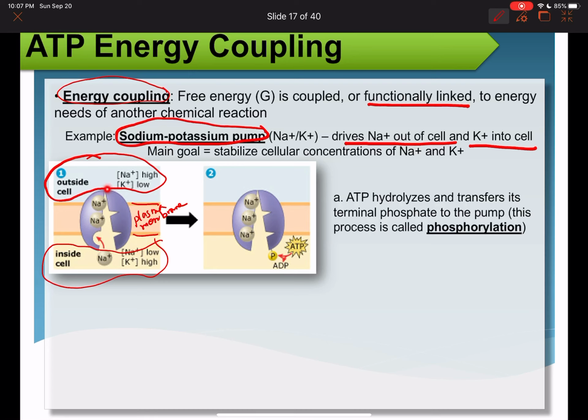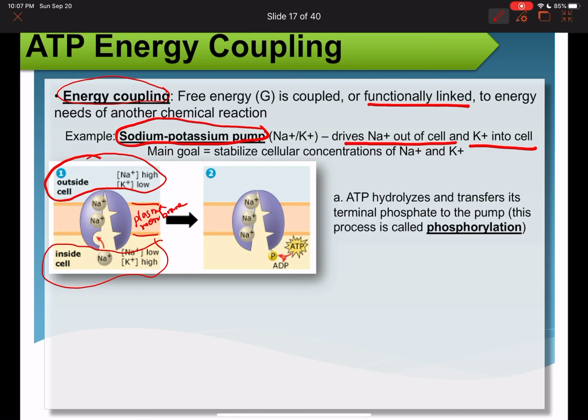The other side right here will become specific for potassium ions. But for now, there are no potassium ions binding to it because this particular pocket has not been changed yet. The protein, this whole purple glob here, actually has to change its structural conformation in order to reverse which ion it binds to. So currently, in this particular conformation, it is only binding to sodium ions.